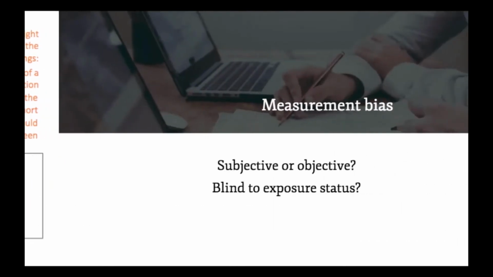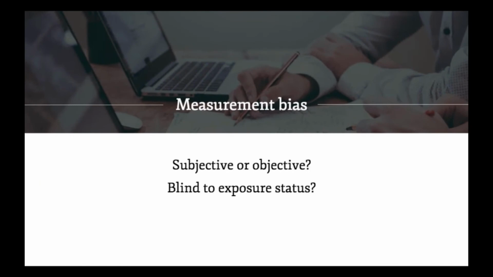The third question considers a different type of bias, namely measurement bias. This refers to bias in terms of the way exposure and/or outcome are measured, which could lead to an incorrect estimate of the relationship between exposure and outcome.